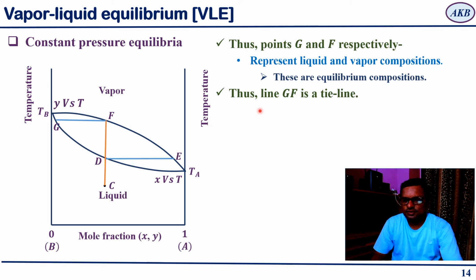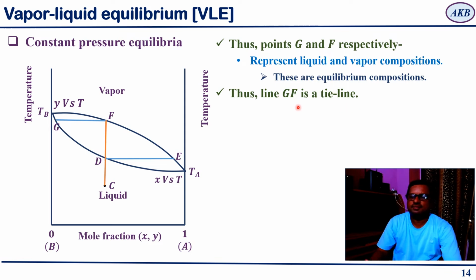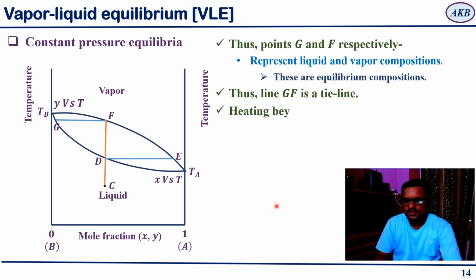Therefore, line GF is a tie line because its endpoints represent equilibrium compositions, and it is one of the infinite number of tie lines that lie on this loop curve.